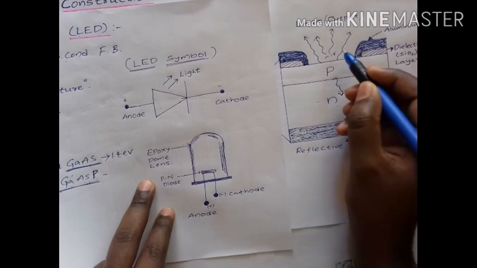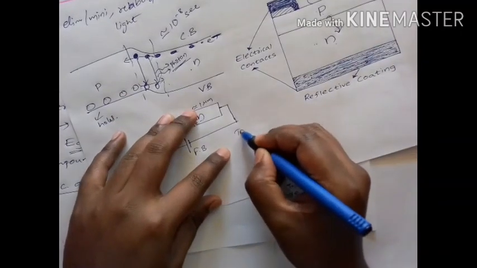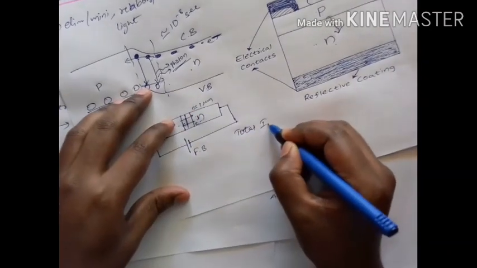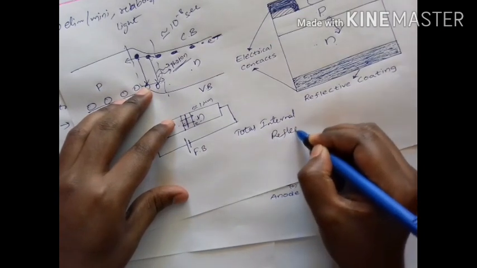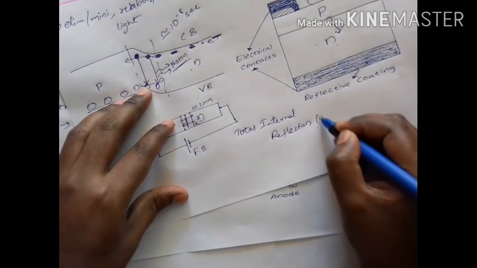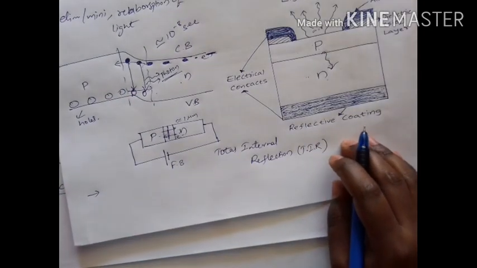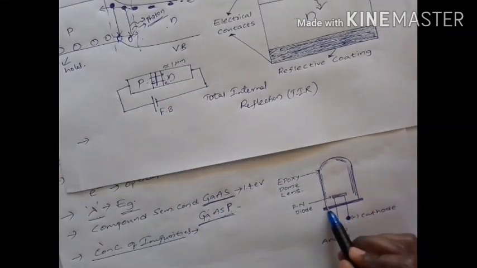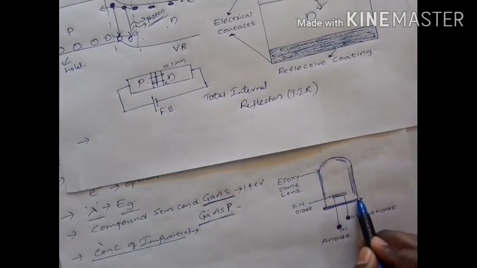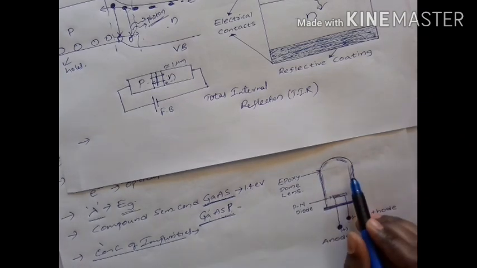So there may be a possibility of total internal reflection, TIR. So to avoid the possibility of total internal reflection, we will place the PN junction in an epoxy dome which is made in the shape of a hemisphere.